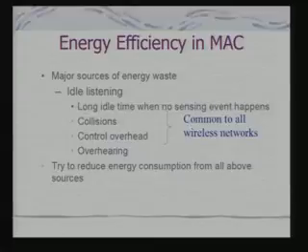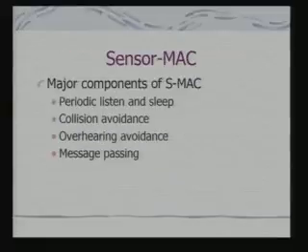Okay. So, we shall look at a very primitive protocol, okay, and basic aspects of that protocol. So, this is called sensor MAC or SMAC. So, the key issue here is periodic listen and sleep, and using that periodic listen and sleep, you can do collision avoidance, overhearing avoidance, as well as message passing.